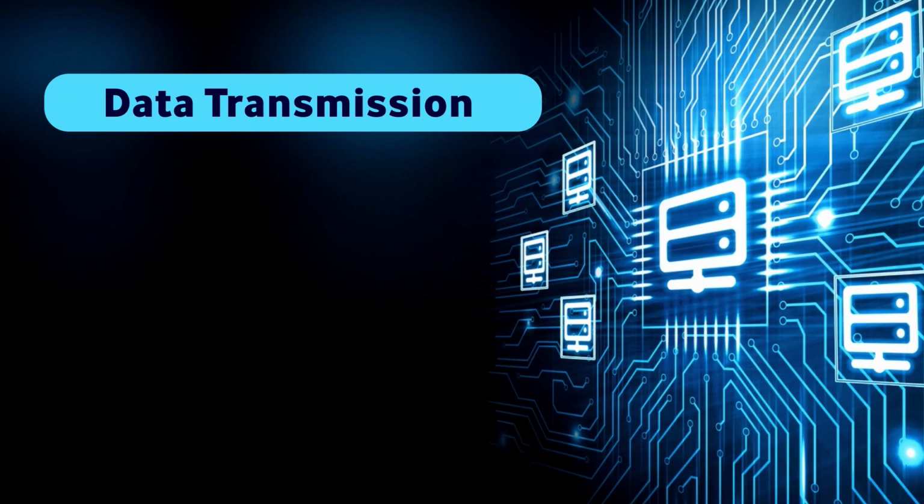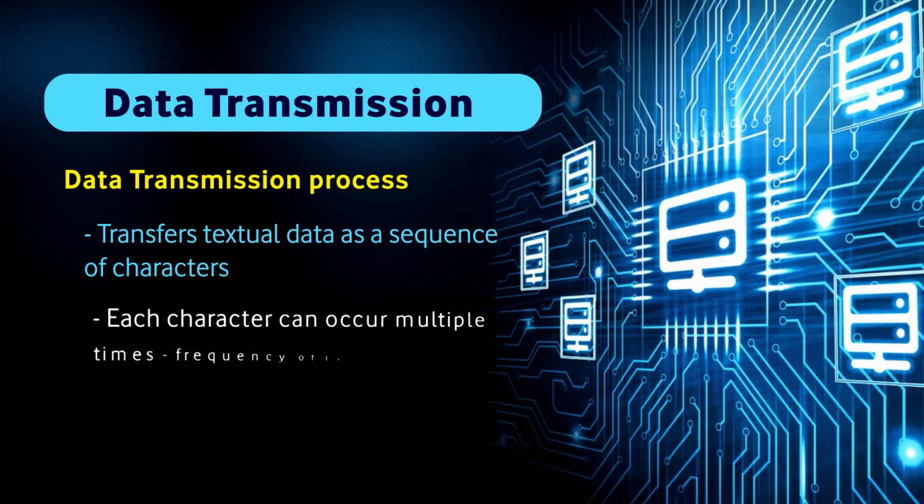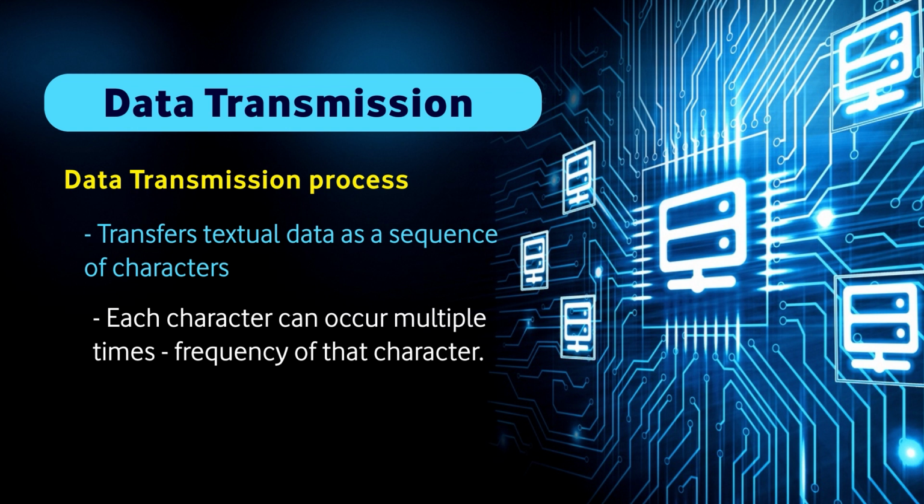Well, you all know when we are doing data transmission, specifically when we are transmitting textual data, which basically consists of a sequence of characters. Now, each character has its own frequency, right? And that particular frequency basically determines the overall size of the data which is to be transmitted.